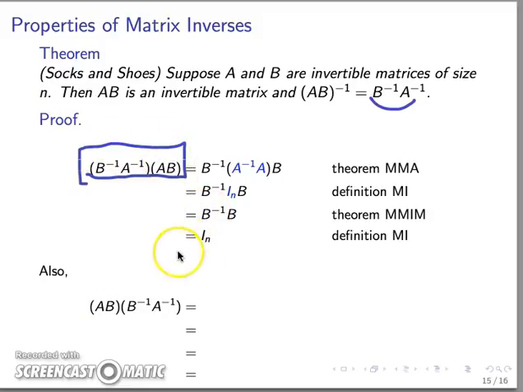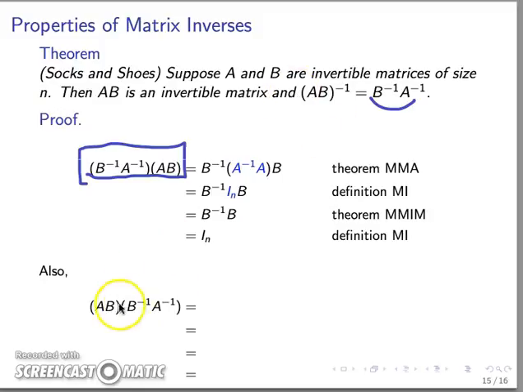Now we're going to switch the order of this product. In general, matrix product is not commutative, but relative to the definition of the inverse of a matrix, there is commutativity. That's exactly how we define the inverse of a matrix, in relation to the matrix multiplication operation.